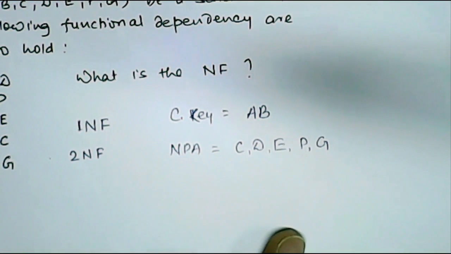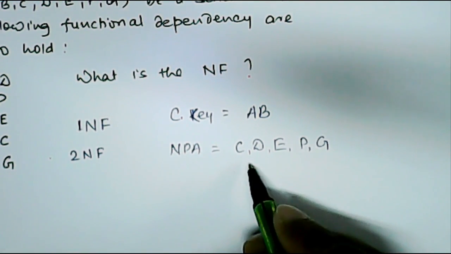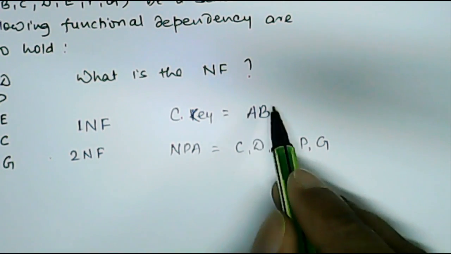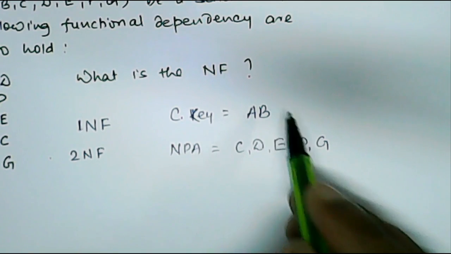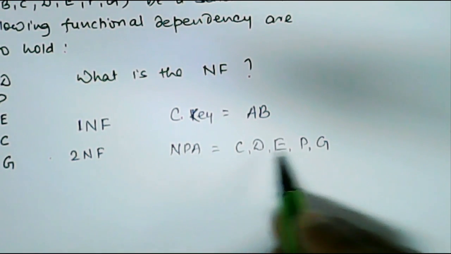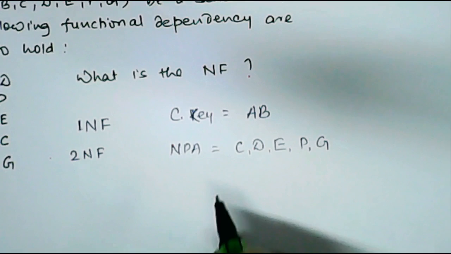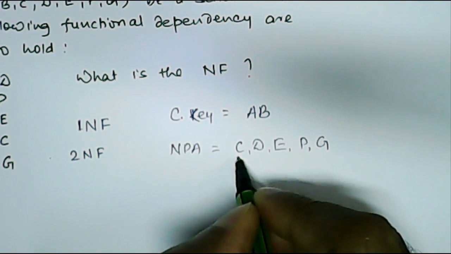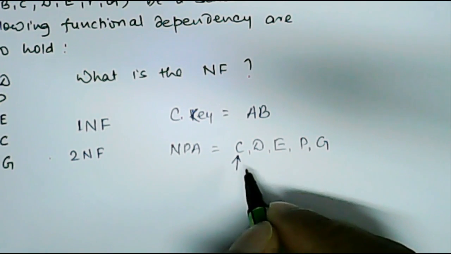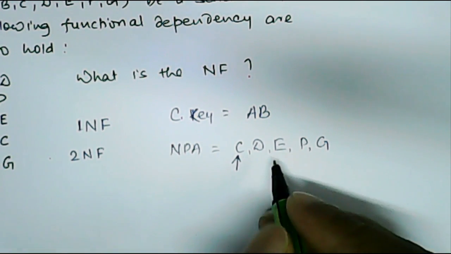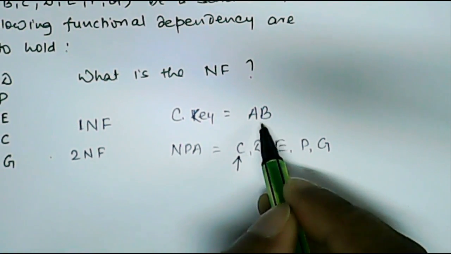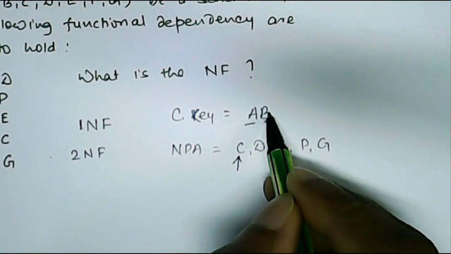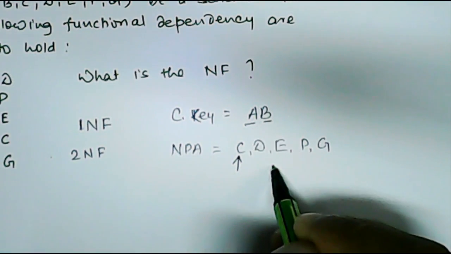Fine. Now we have to check whether each of the non-prime attributes is fully functional dependent on each candidate key. Here we have only one candidate key, AB, so we will check whether these attributes are fully functional dependent on AB. Let's start with checking C. C is fully functional dependent, and we could keep on checking, but a very simple method is to see whether one of A or B, which are prime attributes, determines something which is a non-prime attribute.